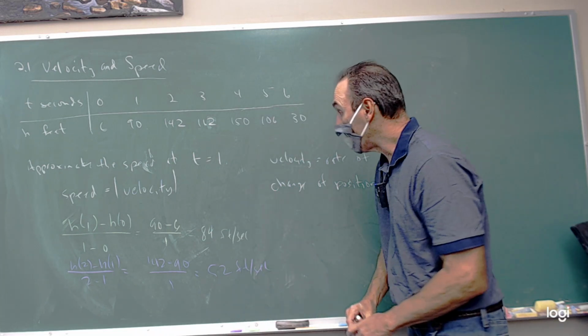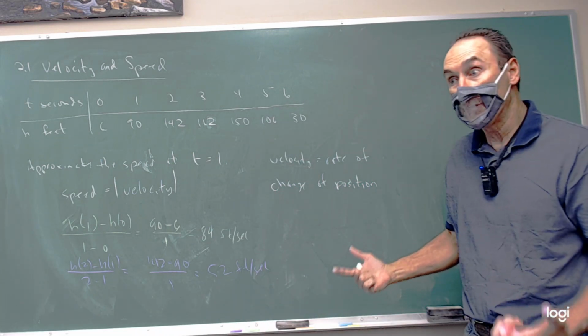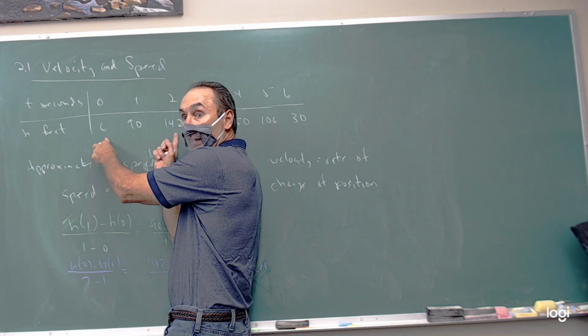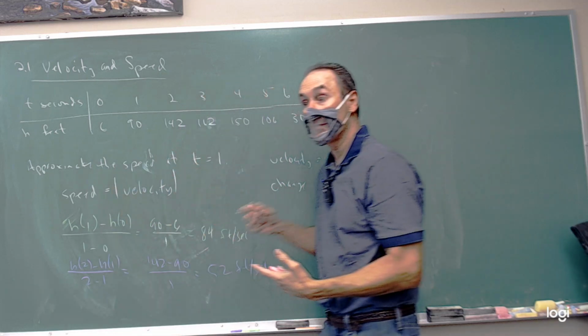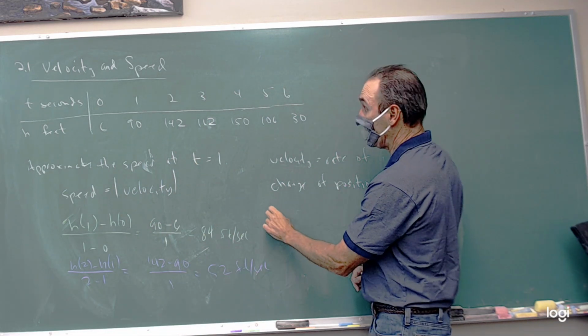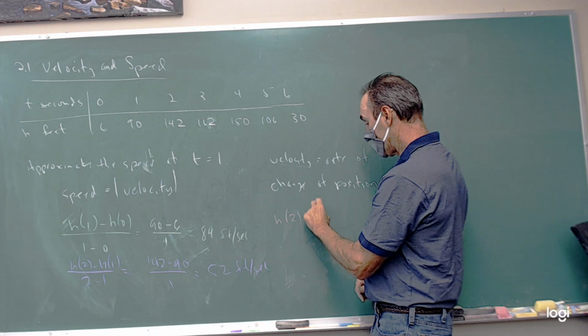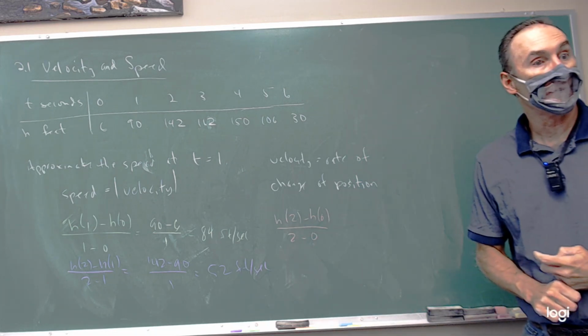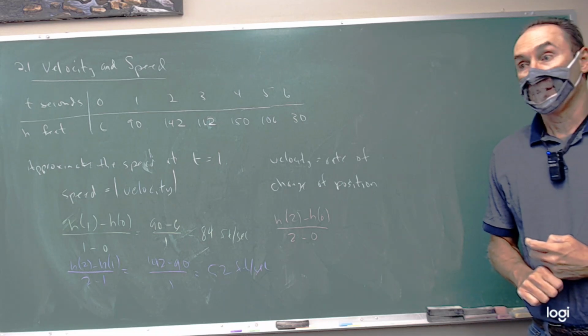So that would be reasonable also. And a third way we could do it that would still be reasonable would be to take the point on either side of time 1 and use those, do that average velocity. So we could take h of 2 minus h of 0, and then we'd have to go 2 minus 0 in the denominator. We good to go?